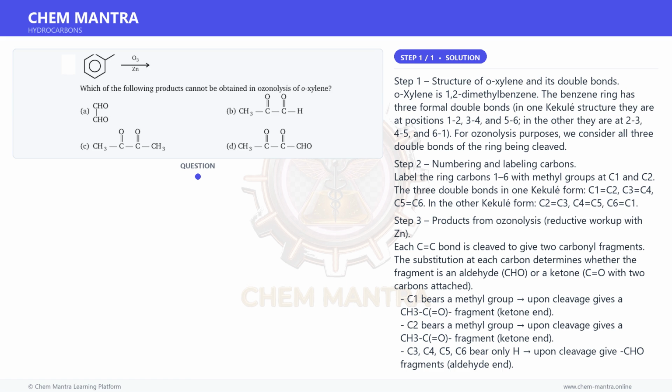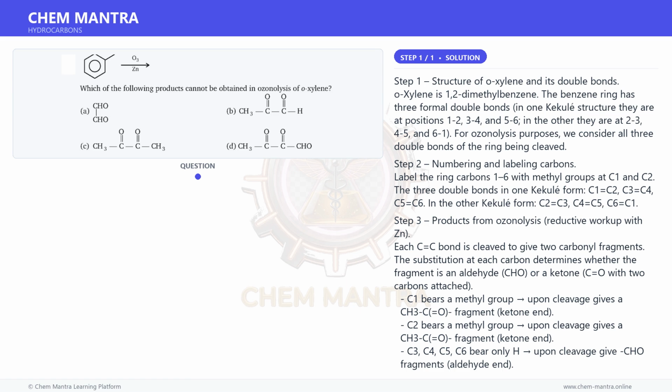C1 bears a methyl group; upon cleavage it gives a CH3-C=O fragment, ketone end. C2 bears a methyl group; upon cleavage it gives a CH3-C=O fragment, ketone end. C3, C4, C5, C6 bear only H; upon cleavage they give CHO fragments, aldehyde end.